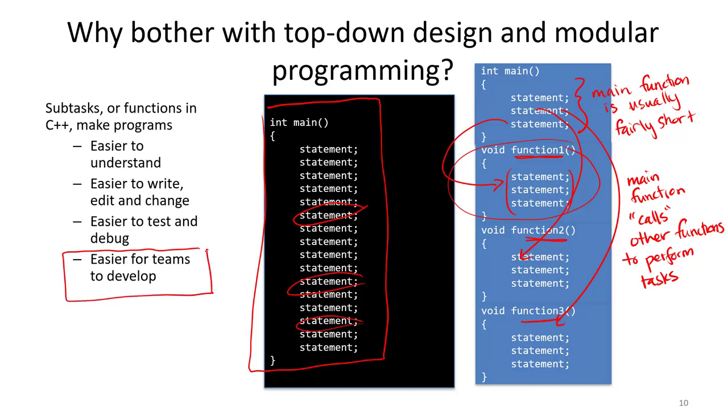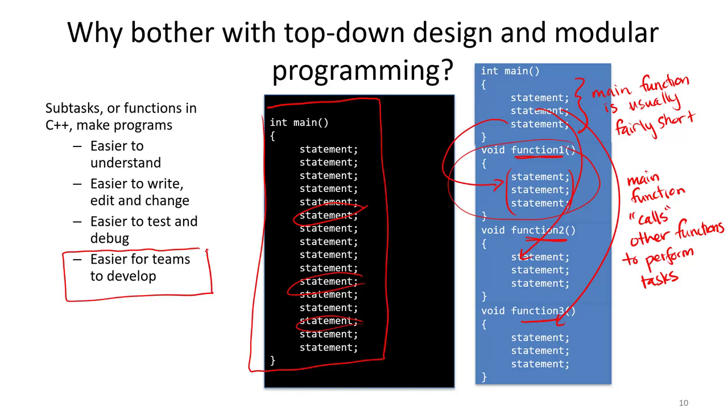Another big point, remember in industry or in the real world, you're probably going to be working with a team. And so if you've got a big complex program with many, many functions, it's a lot easier for the teams to divide and conquer if everybody agrees on what the functions are supposed to do. Then you divvy up the functions and everybody starts coding.